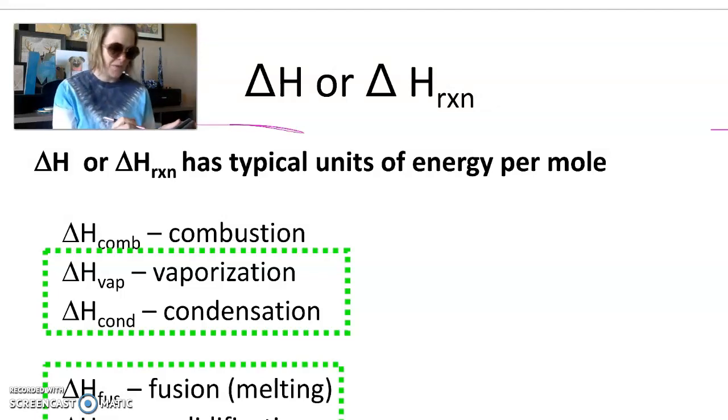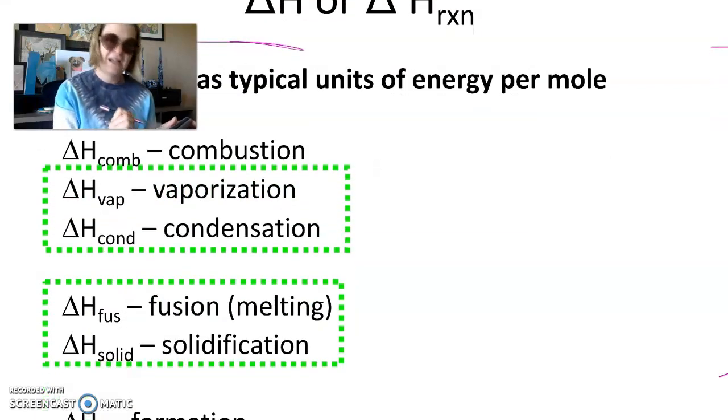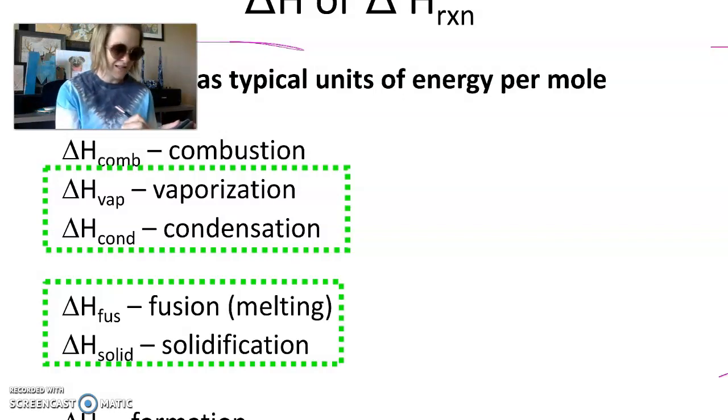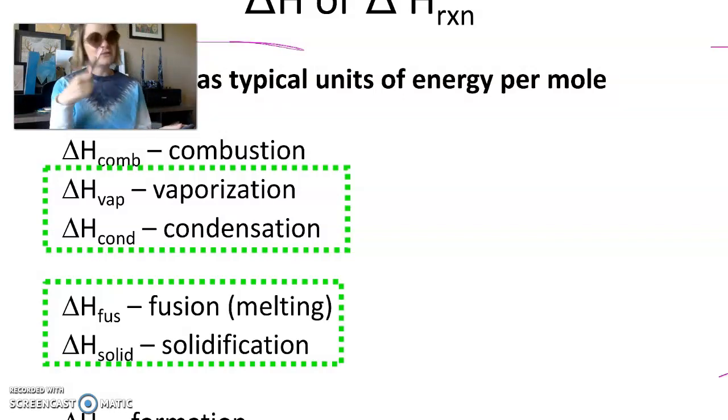So, delta H COMB. We're creative here. That's the change in energy in a combustion reaction. Delta H VAP is the change in energy for vaporization. So if you're boiling something, here's the change in energy for it. Delta H COND, condensation. This one makes total sense.